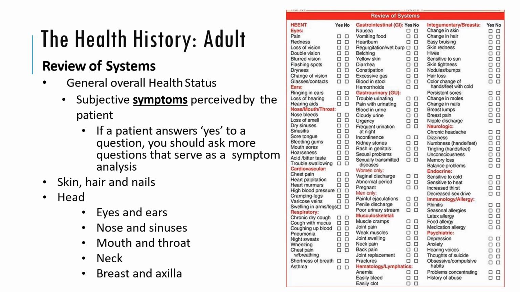Most of you have seen a chart like this if you have gone to any type of urgent care or doctor's office. This is a review of systems. This is just like a checklist that the client will fill out, and it's just a general overall health status. This is subjective symptoms that are perceived by the patient.